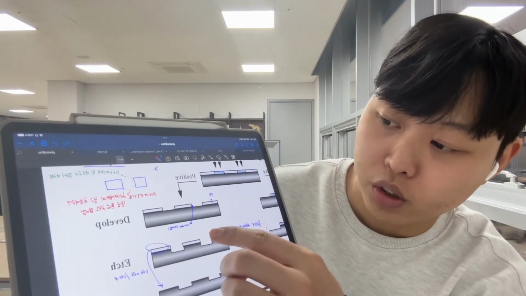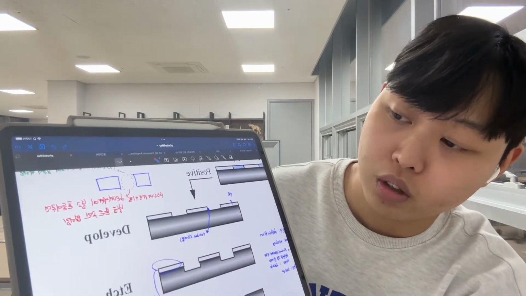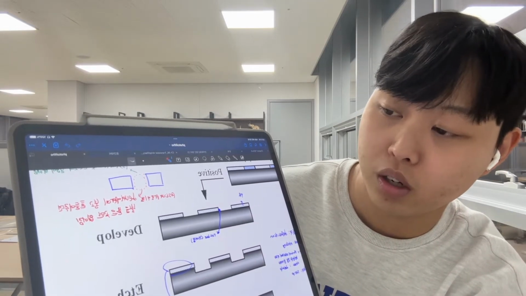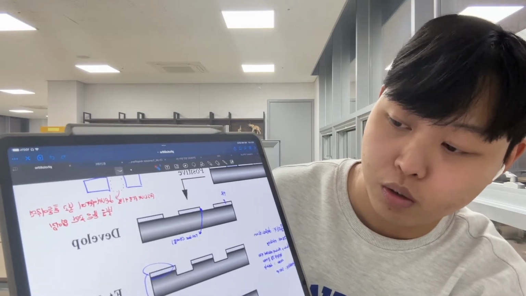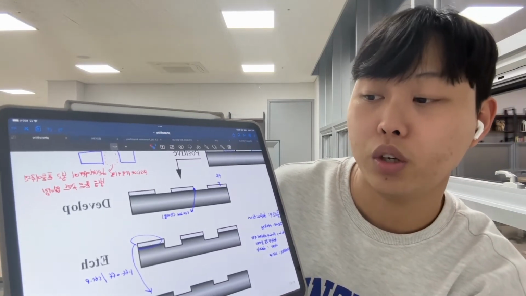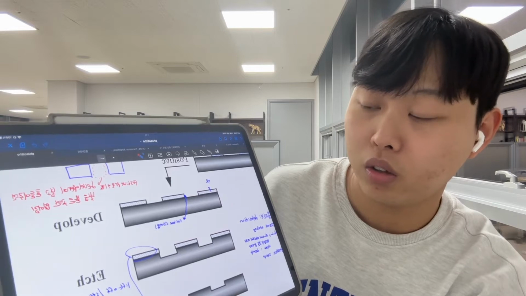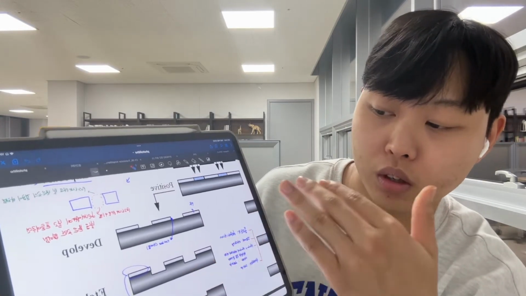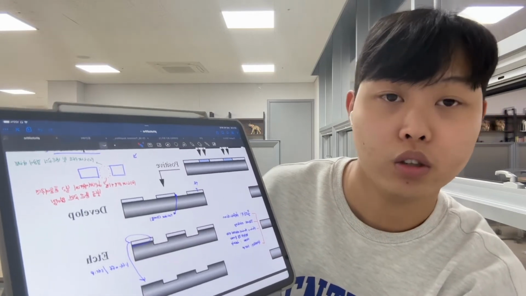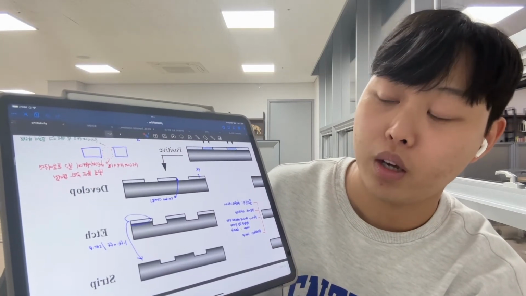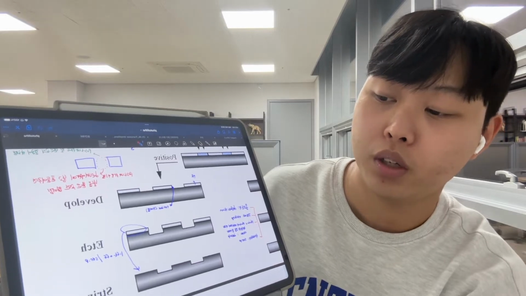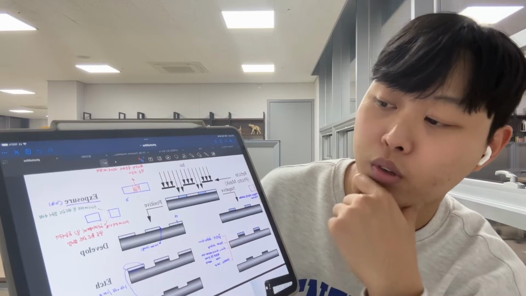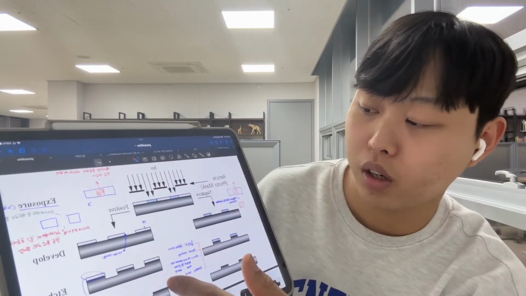After the developer, there will be some PR residue remaining, so we want to wash it away. So we use a method called etching. After etching, we want to remove all of the PR, so we have a step called strip. This is the basic photolithography process for the positive PR.